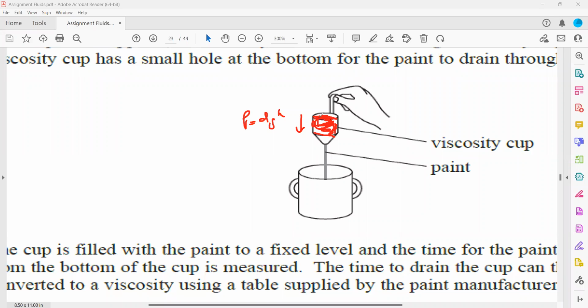So in the beginning, with greater depth there is more pressure, and the fluid flows faster. But as the amount of fluid decreases, the pressure on the base also decreases, so the rate of flow also decreases. So the second thing is that the rate of flow is not constant.